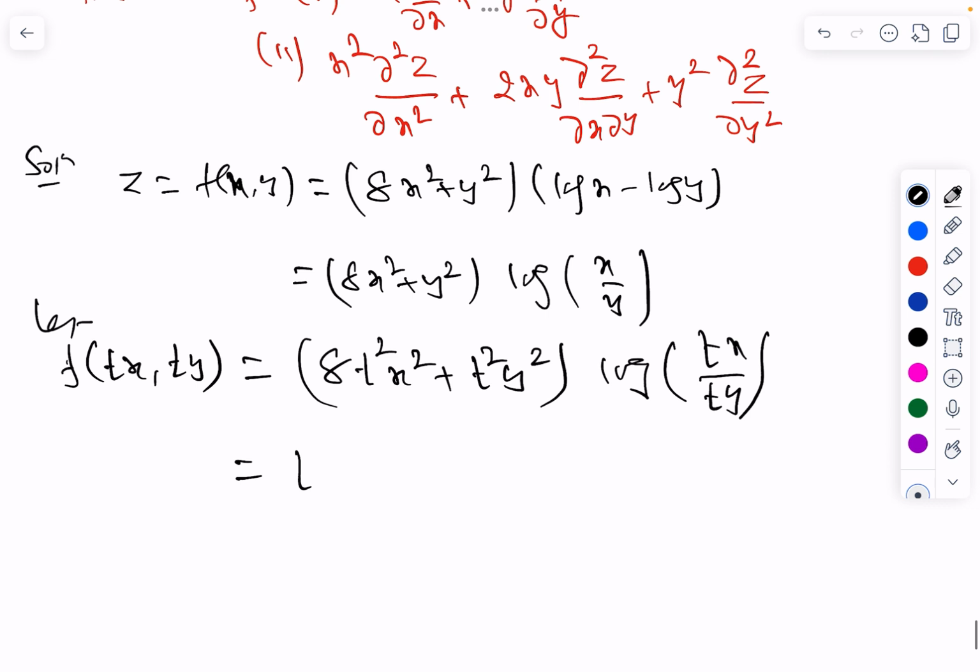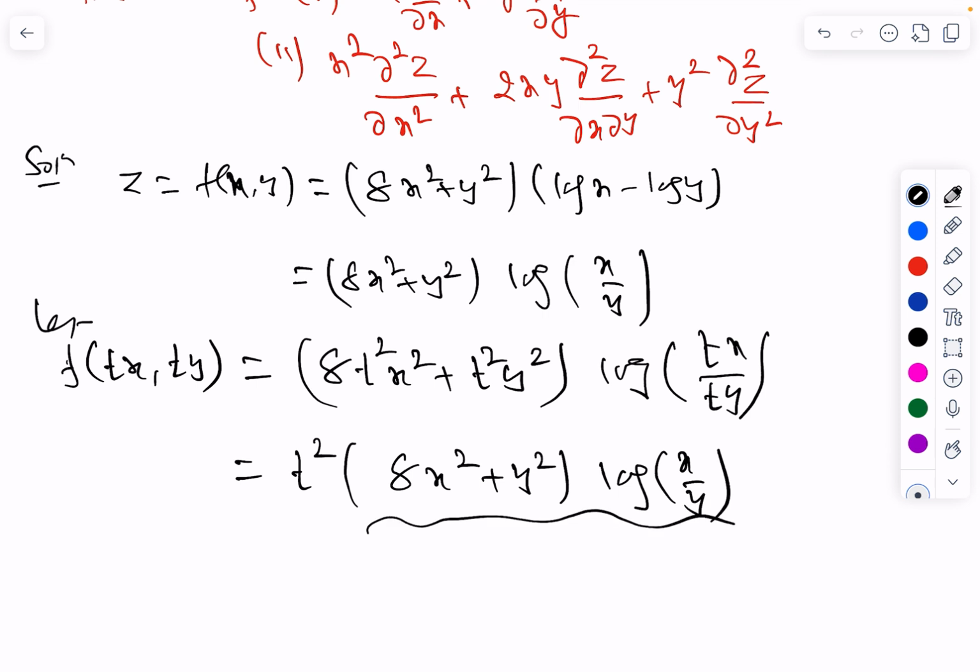So this we can write as t² (8x² + y²) into log of x by y, and this is f(x,y).